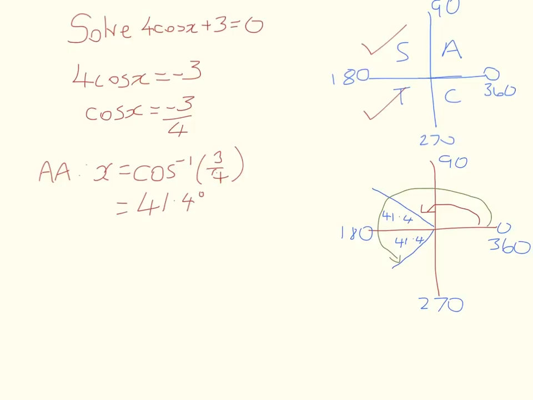Okay, so to find our related angles, our angles are going to be in quadrant 2 and in quadrant 3. So in quadrant 2, we're expecting an answer to be in between 90 and 180. So I want to find that angle going from here to here.